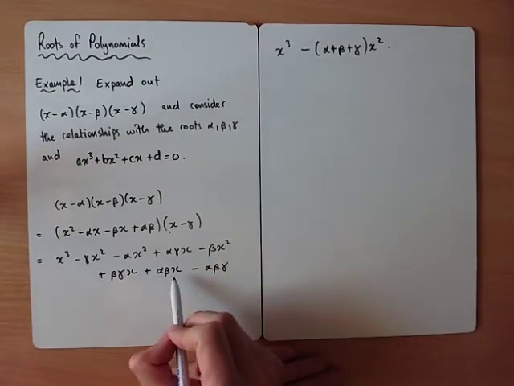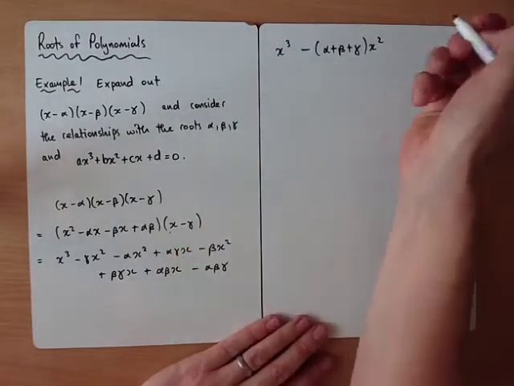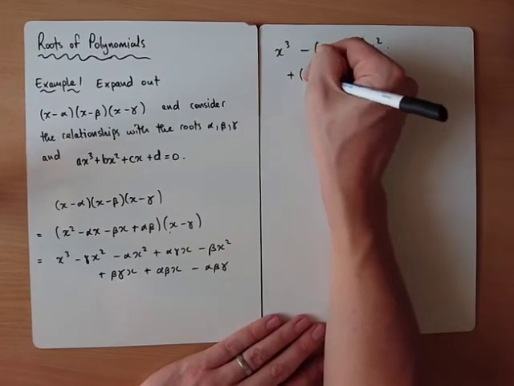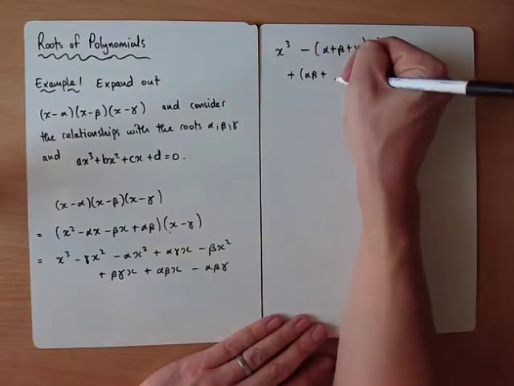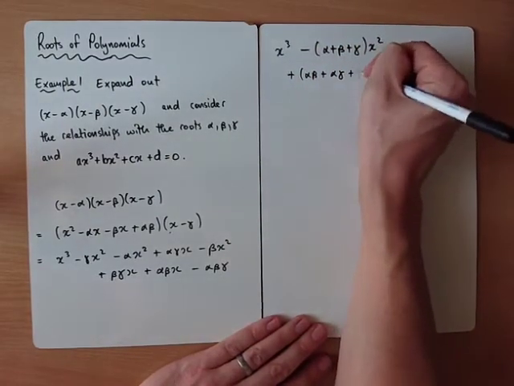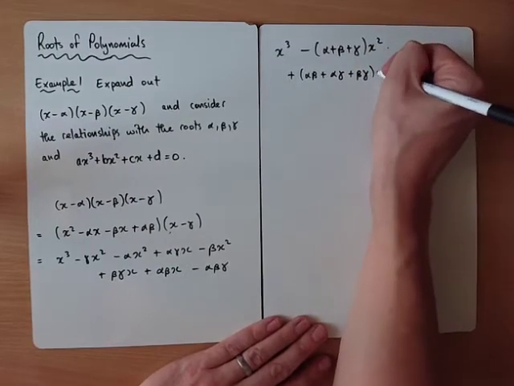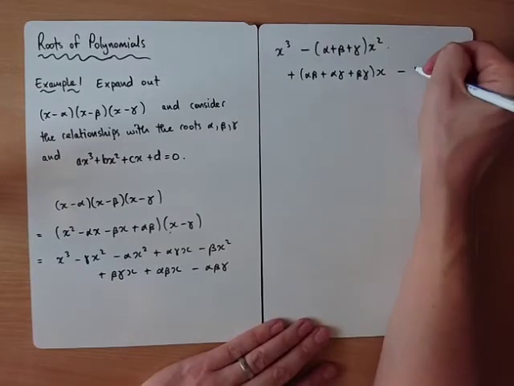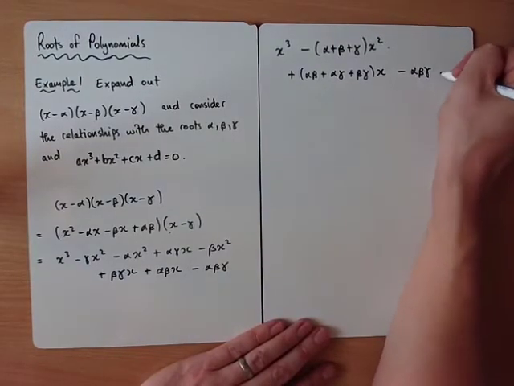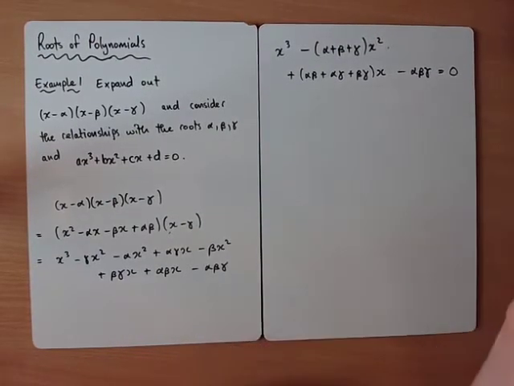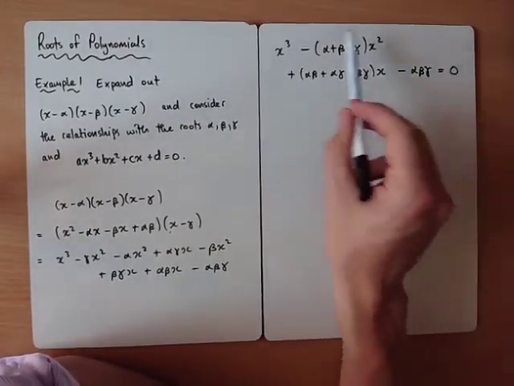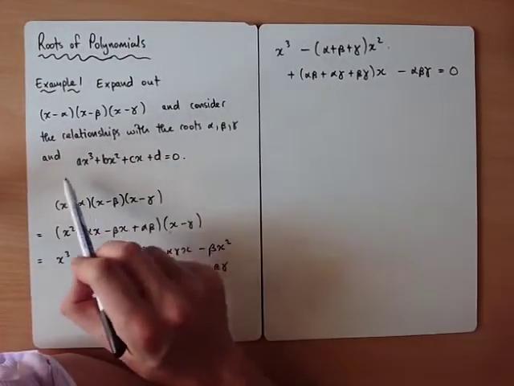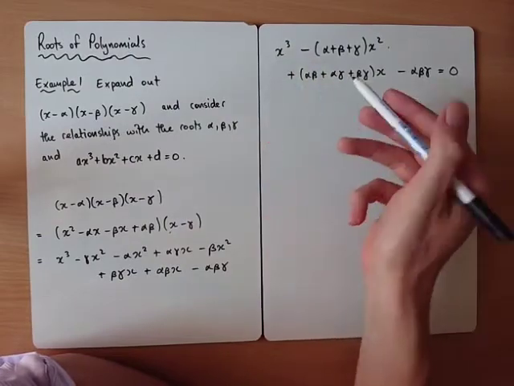Next, if we focus on the x coefficients, they're all positive, so that would be plus alpha beta plus alpha gamma plus beta gamma, x, and then finally we end with minus the product alpha beta gamma.